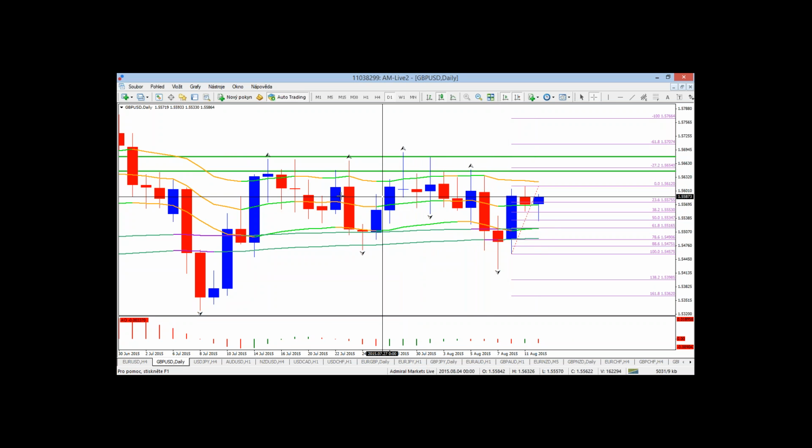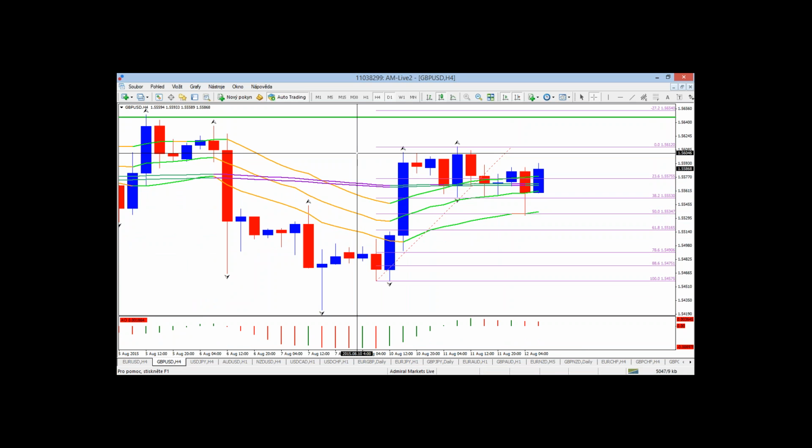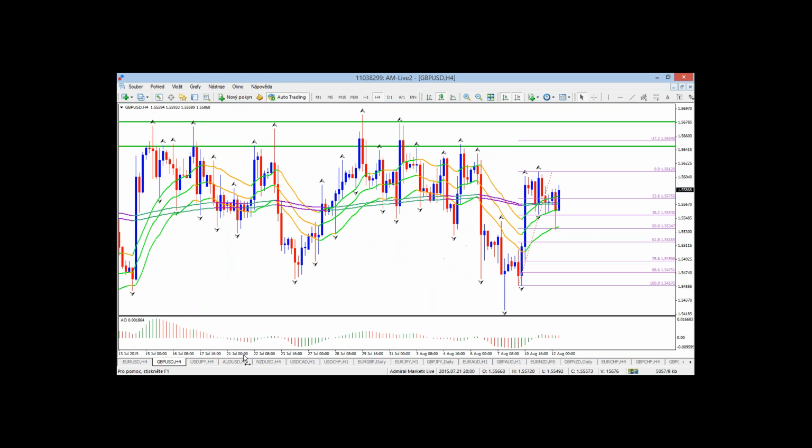The daily chart, price is in the moving averages, the moving averages are flat and all intertwined. 4-hour, the same thing. Moving averages are flat, intertwined, price is in the moving averages. The long term is the middle of the range.